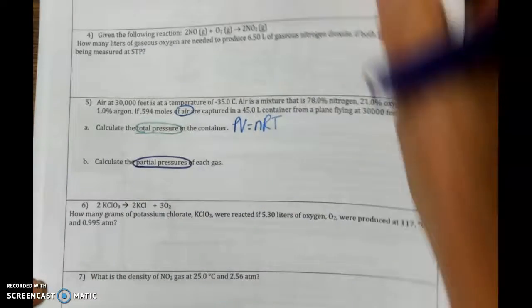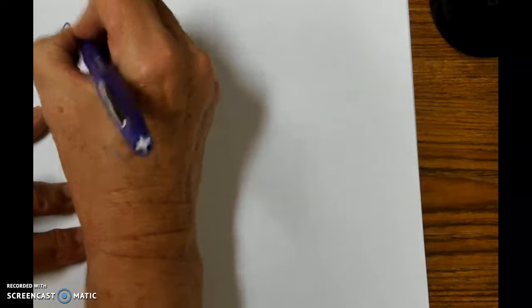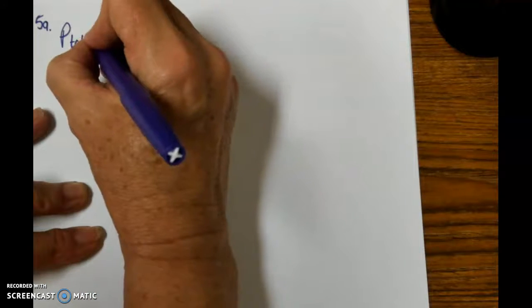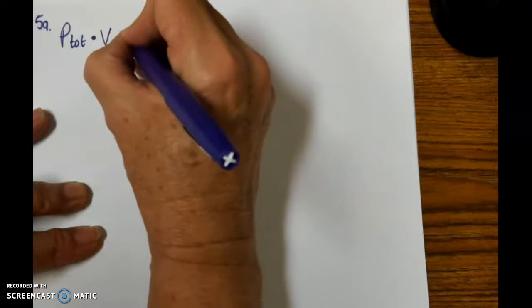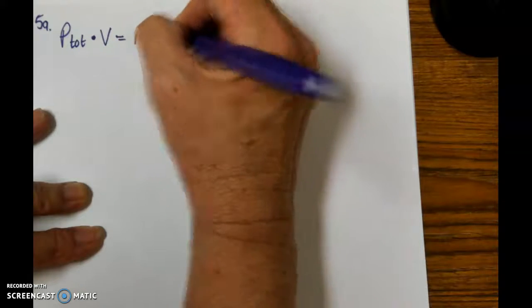Okay. So if we're going to calculate the total pressure in the very beginning, the way we're going to define that is with PV = nRT. So I know that, I'm going to call this 5A, the total pressure times the volume is equal to the moles of gas times R times the temperature.